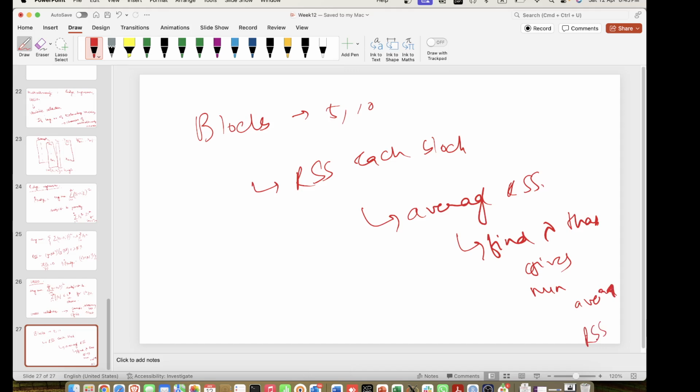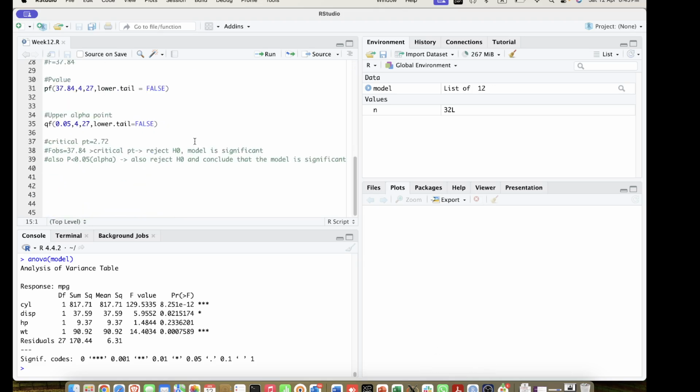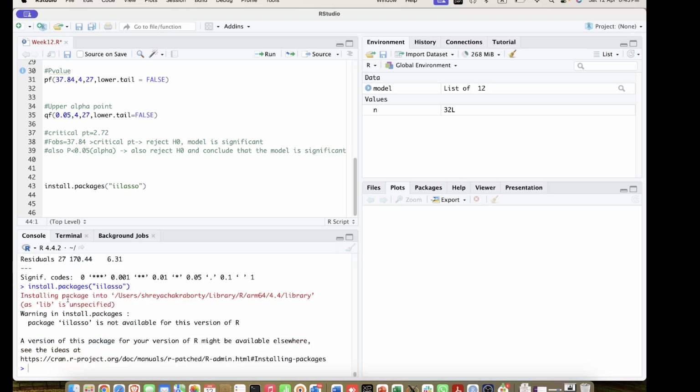Alright, so how do we use the software to do this? In order to use the software, we use this package which is called iLasso. If I do install.packages iLasso, then they say that this is not available for this version.